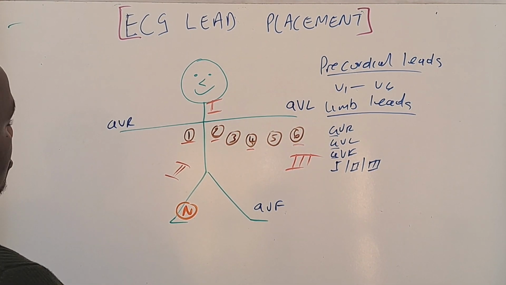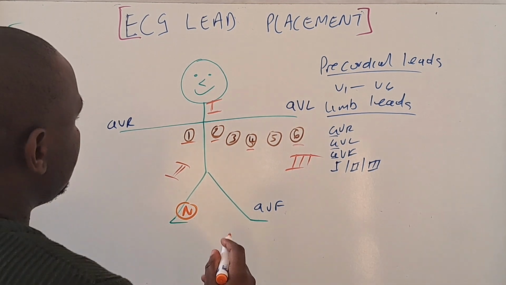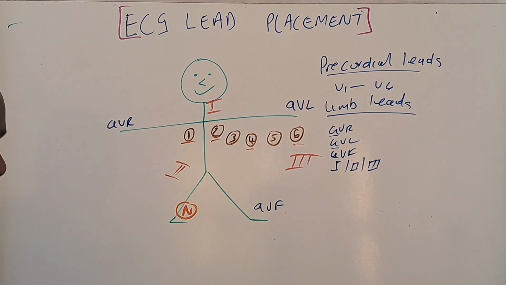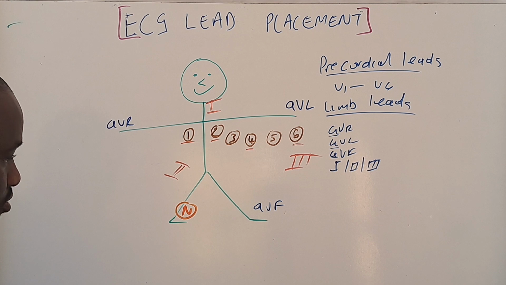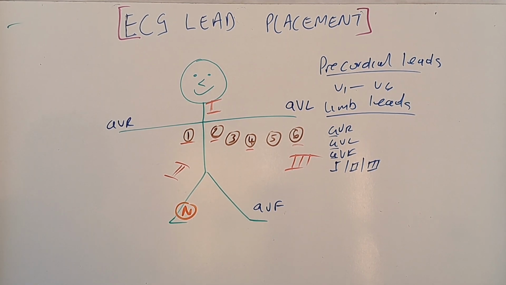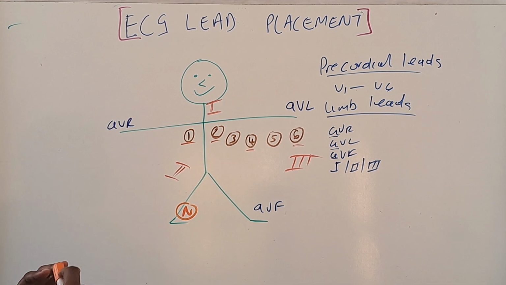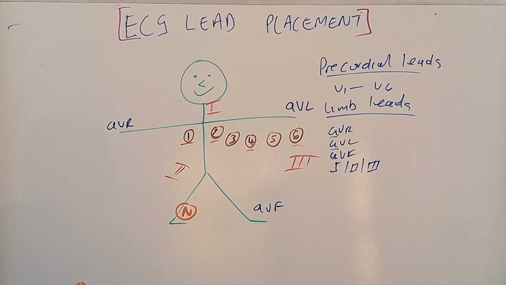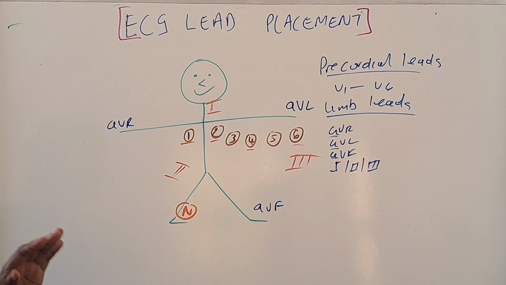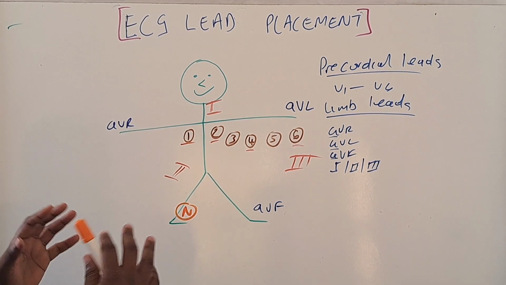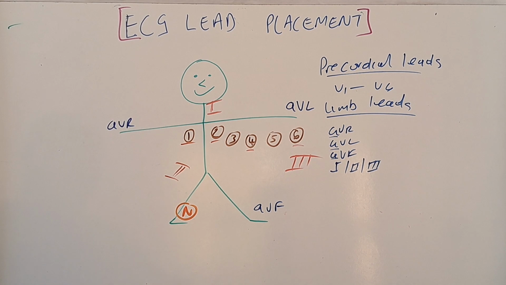Whenever we do a chest x-ray for a patient, we always ask for AP and lateral, because we want to have a view of all the sides, basically. There are things that you can pick up on an AP, but you cannot pick them up on a lateral, and vice versa. So that's why you've got leads that are around the heart, to make sure that we don't miss anything.